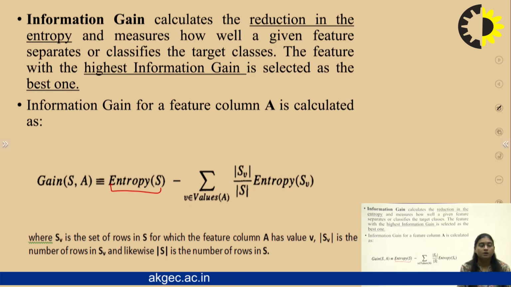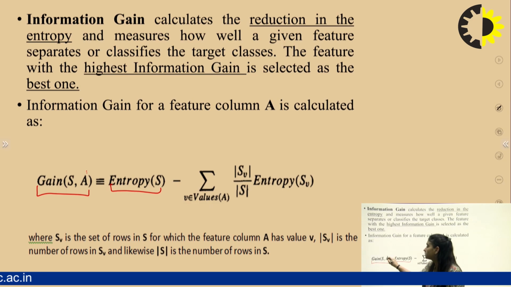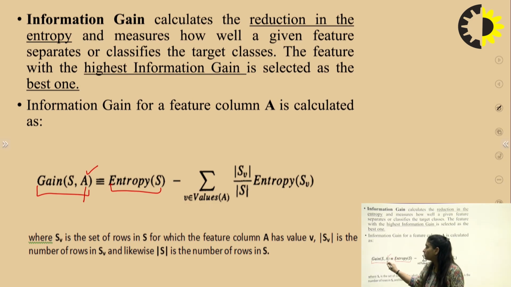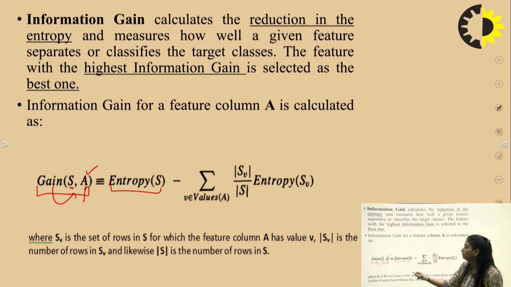So in the end, the feature with the highest information gain is selected as your answer. Now the information gain for a feature column A is calculated as follows. Suppose this is the column A for which you are calculating the gain, and S is the data set. Gain of S, A equals entropy of S, so we have already seen how to calculate the entropy, minus summation over v belonging to values of A, of the size of Sv divided by the size of S, times entropy of Sv.